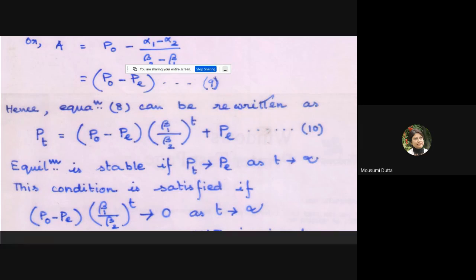While we are applying it in the context of market economics, considering a lagged adjustment model, where we consider the lag in the supply phenomenon, not the demand phenomenon, we find that the required stability condition is mod beta 1 by beta 2 less than 1.